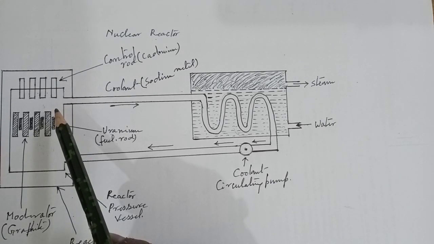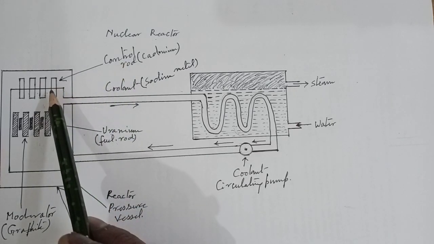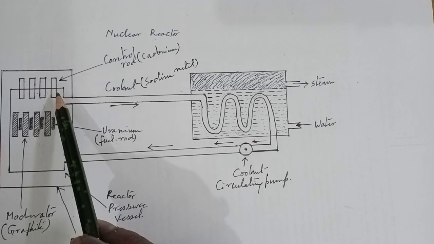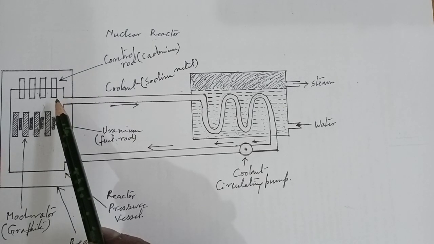When the control rod are pushed in deep enough, they absorb most of fission neutrons and hence few are available for chain reaction, which therefore stops.